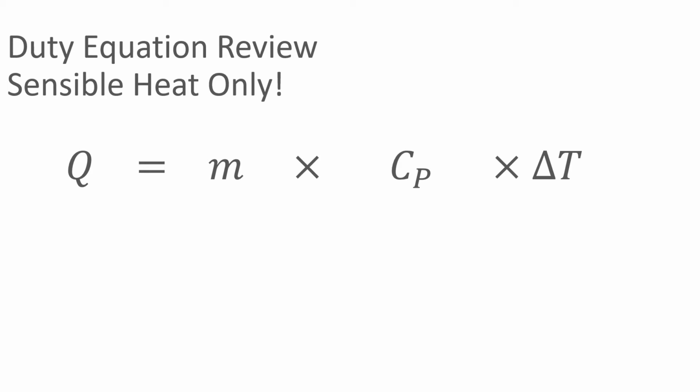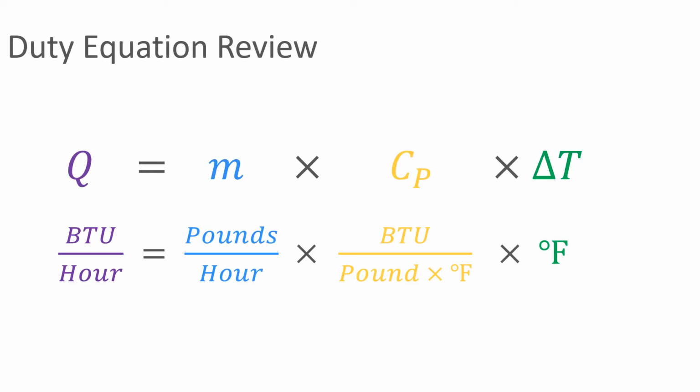Here's the equation that hopefully you've seen in the past. It's called the duty equation. It's for sensible heat only, and it's sometimes abbreviated almost as a rhyme as MC sub P delta T. So Q, which is a rate of heat transfer, is a function of the mass flow rate, M, times the specific heat, Cp, times the change in temperature for that stream.